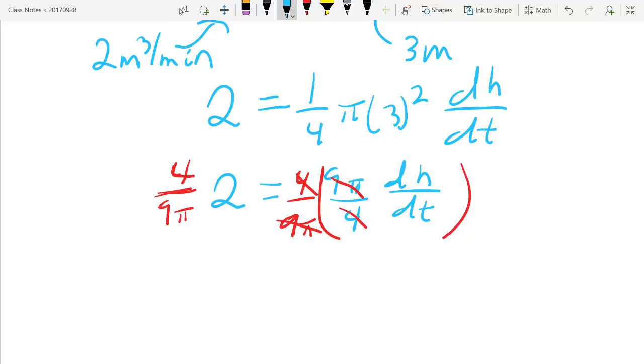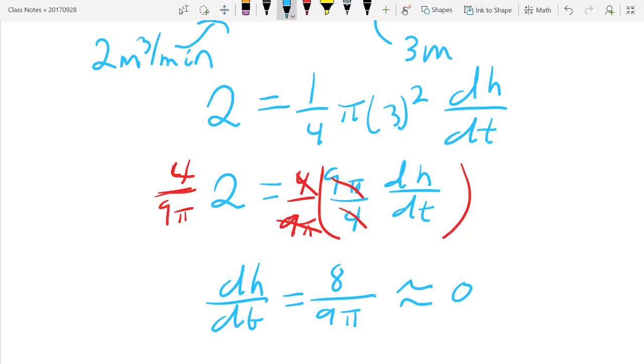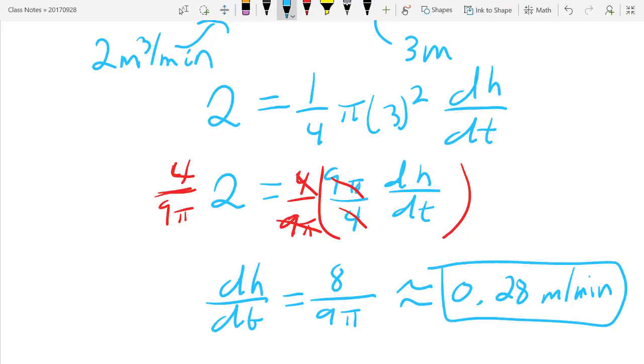Get the dh dt, which would equal 8 over 9 pi. That would be approximately 0.28 meters per minute. So that's the rate of the water rising, 0.28 meters per minute, when we have the volume increasing so much.